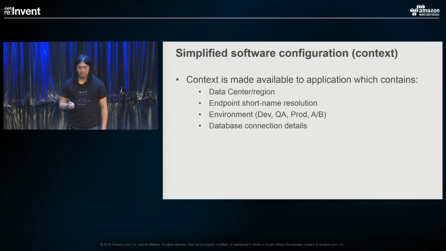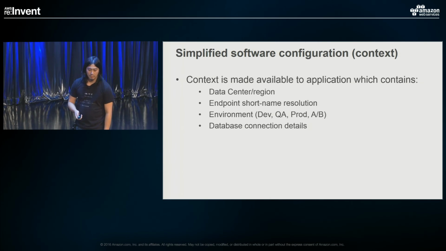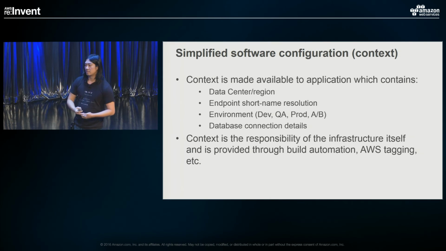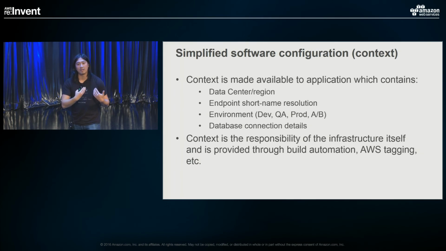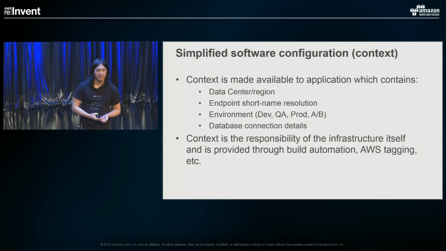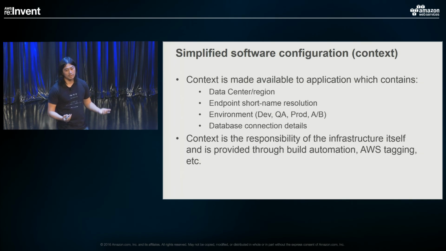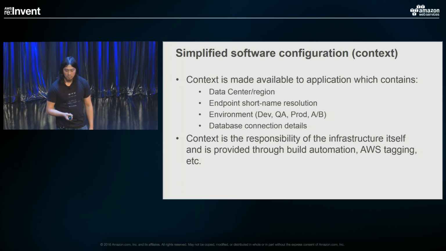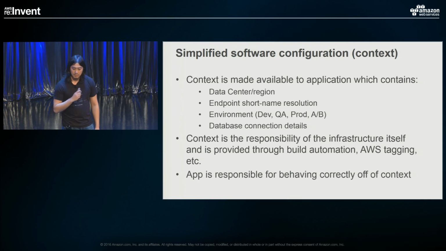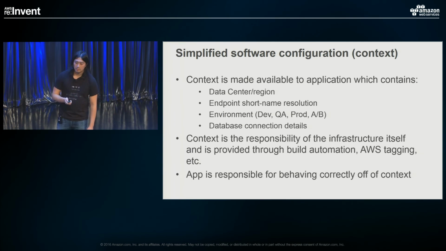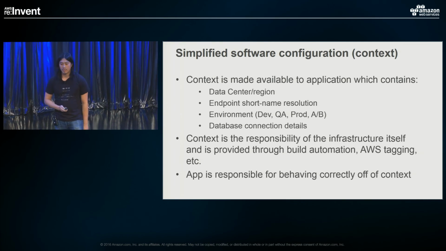This is essential for the application to behave correctly. The infrastructure is responsible for how the application behaves based on whether it's in a certain region, or how it's supposed to behave if you have dev environments in both regions. We did this through a lot of build automation, so it's basically context driven.